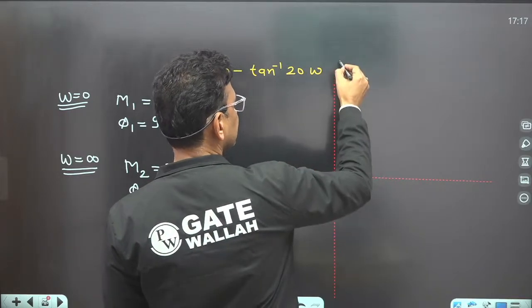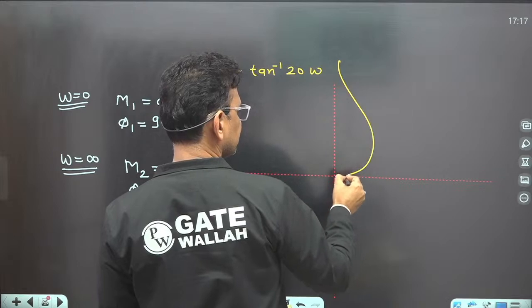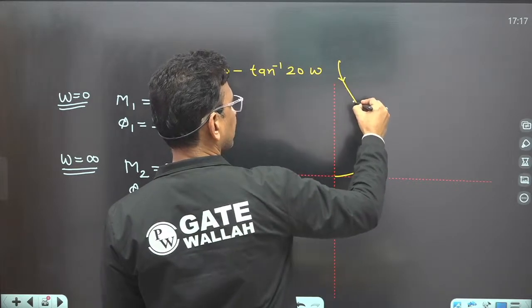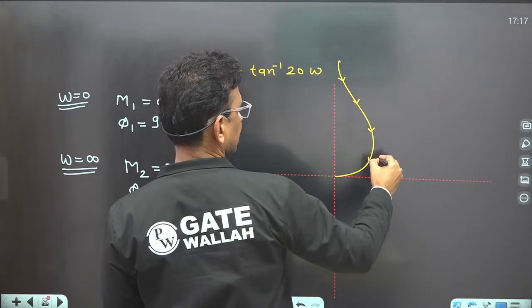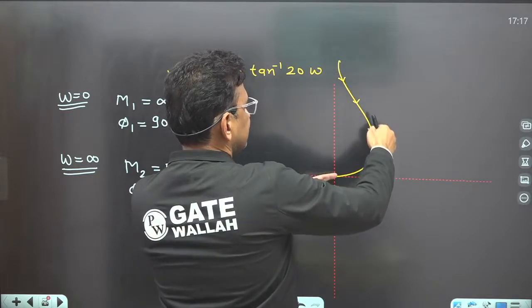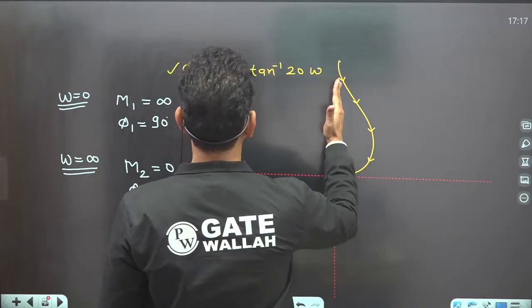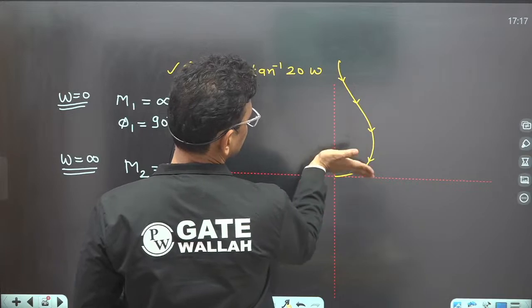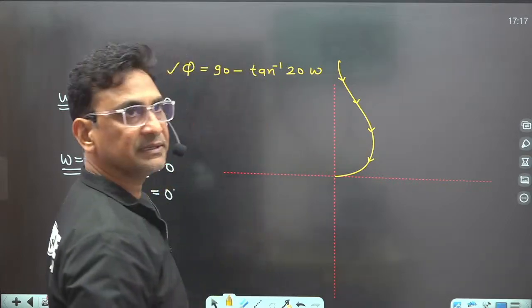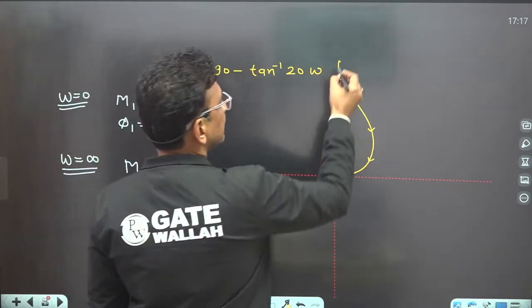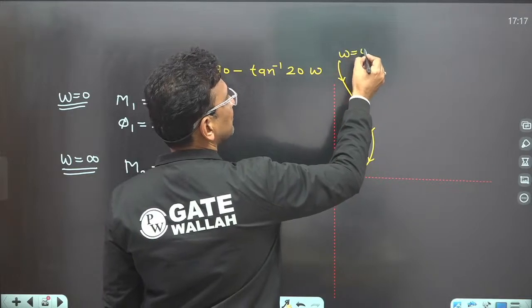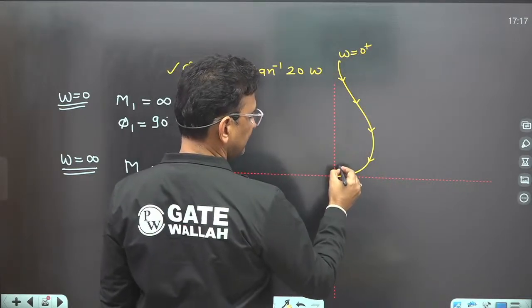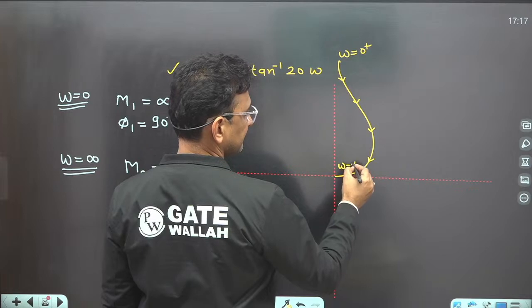This is 0 degree. This is my polar plot. Magnitude is continuously decreasing, and the phase angle is continuously changing from 90 to 0 degree. So it is at omega equivalent to 0 plus frequency. It is omega equivalent to infinite plus frequency. Clear?